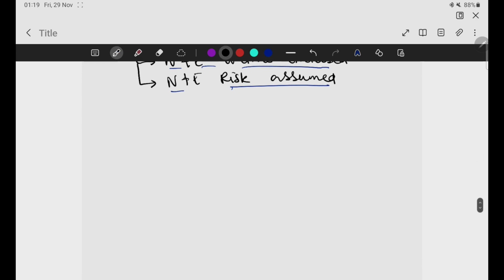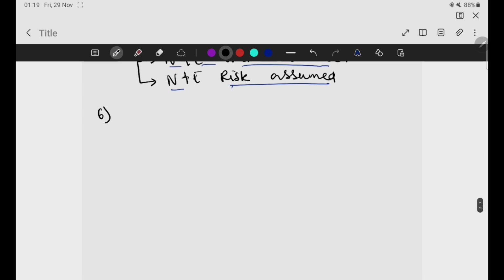And lastly, the last point was relating to the smaller entities. Now here, what did we see about the smaller entities? First, we saw that segregation of duties is not possible.